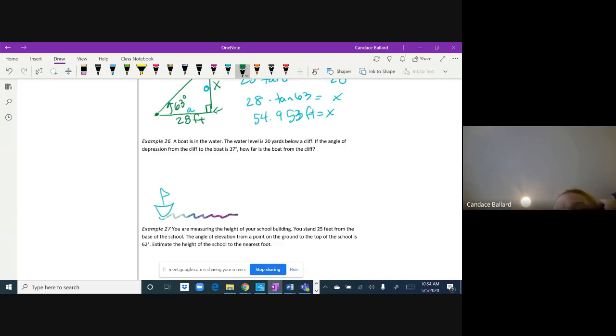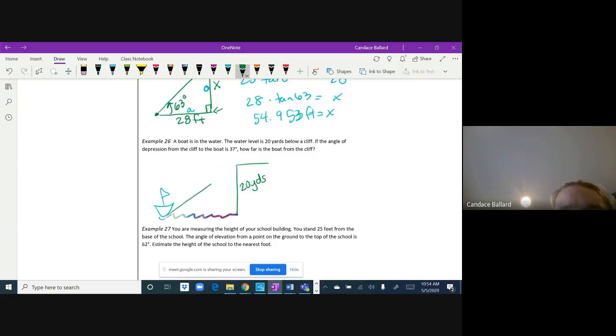All right. And then the water is 20 yards below a cliff. So I need a cliff. There's my cliff. And it's 20 yards below. So that means my 20 yards would be the height of my cliff. And then the angle of depression from the cliff to the boat is 37 degrees.